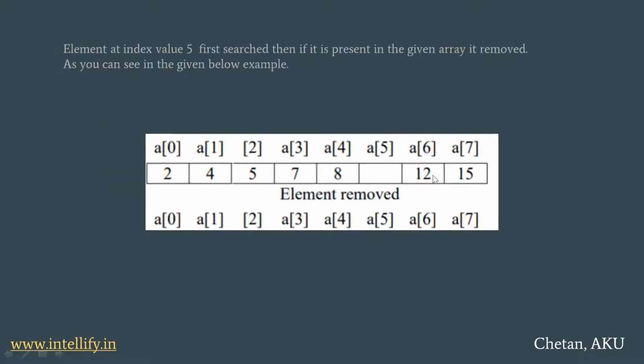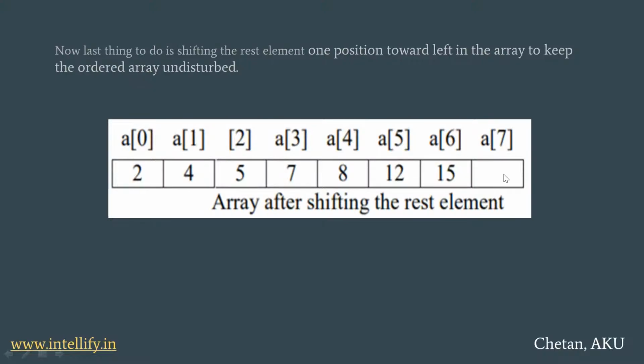Let me come back. Here you can see 12 is present at this index, 15 is present at this index. But here we shift both, like 15 from this position to here and 12 from this position to here, and we get our sorted array after deleting the element 11 from it.